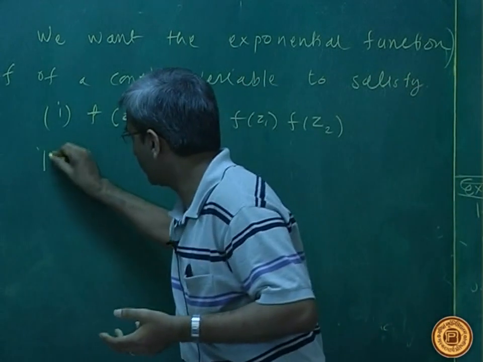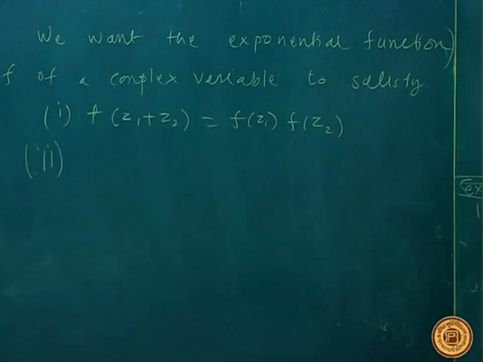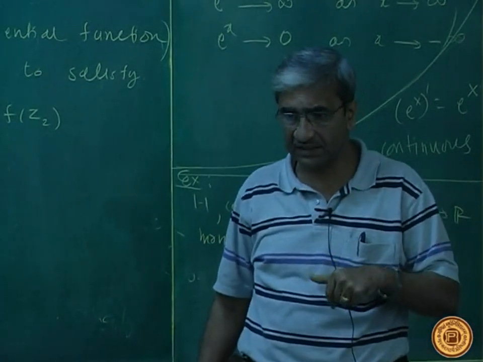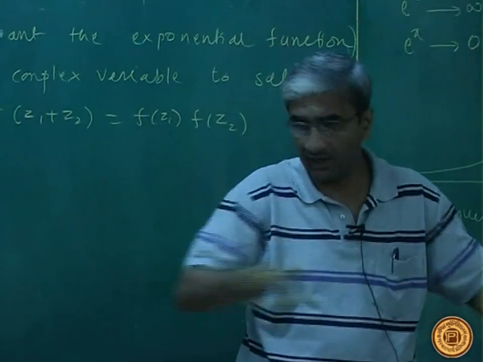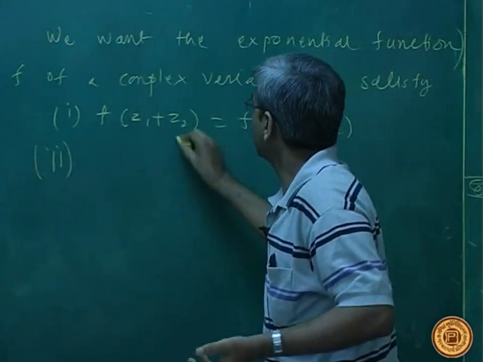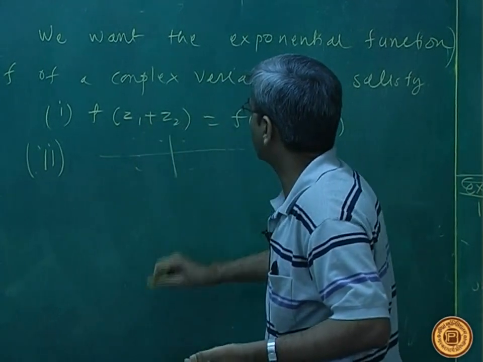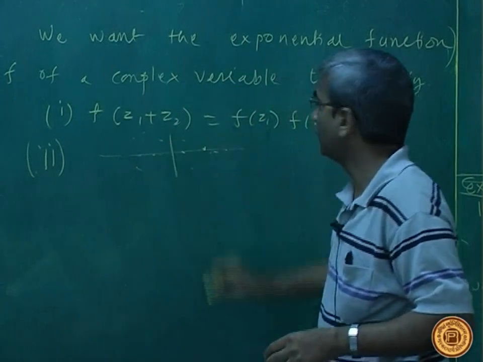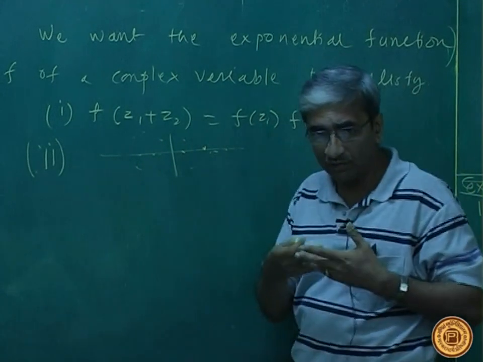The second property that I want is that it would give back our original function e to the power x when I take z to be a real x, because we already have one exponential function on the real line. So if we have this complex plane, everywhere I am going to define e to the power z, but when I take x to be real, if I take x here, then that e to the power z and our e to the power x should not conflict.